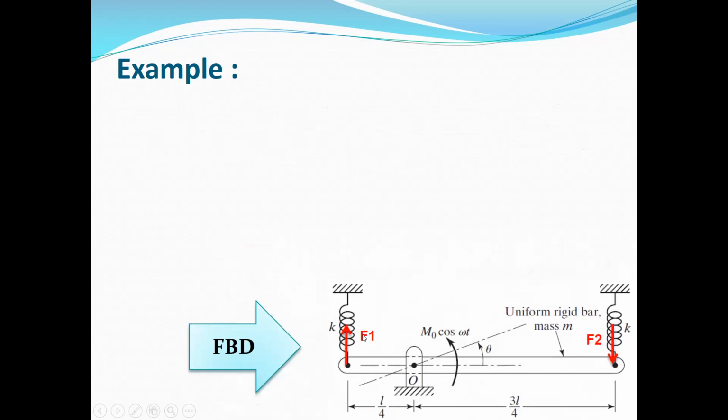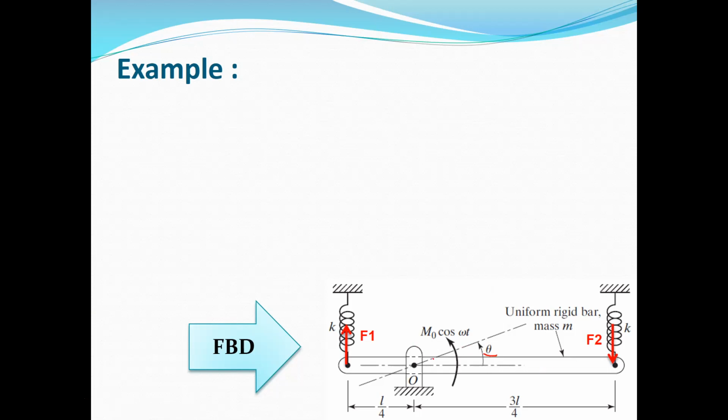So if we plot the free body diagram and we assume that this bar is rotating in counterclockwise direction, in positive direction of theta, as you can see, this is theta. This is the degree of freedom, theta.